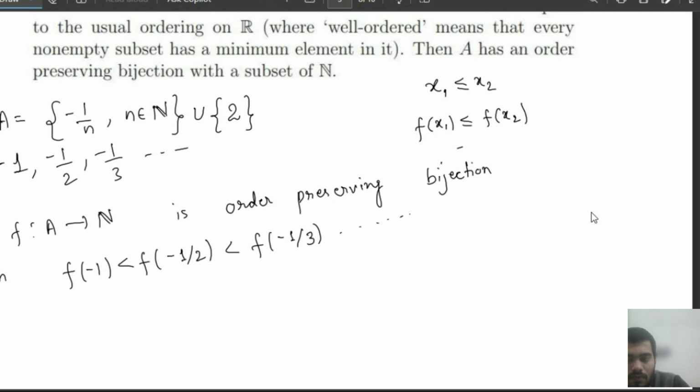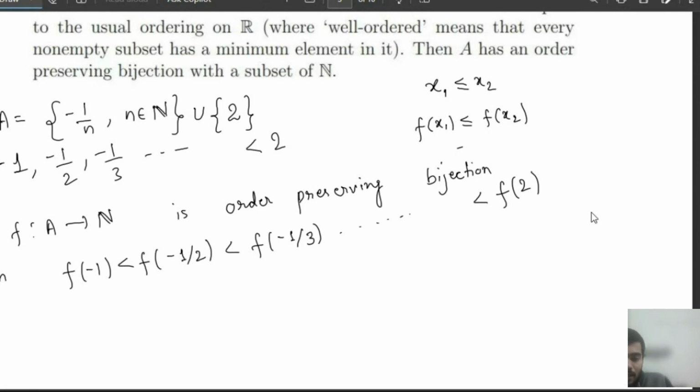Yes. But the problem is, because the ordering that we are taking is that of R, this 2 is the greatest element. This mapping will go on, and the greatest element of this will be 2. But N does not have any greatest or maximum element.